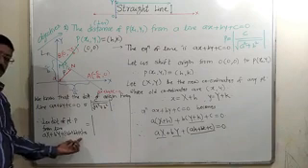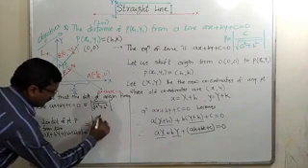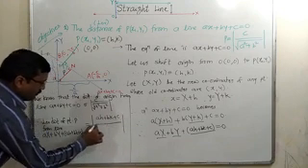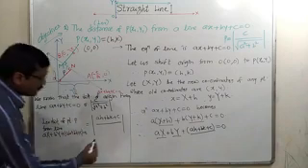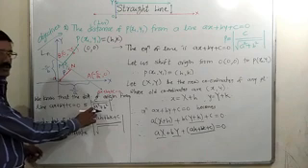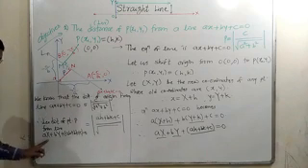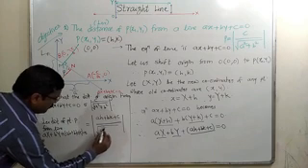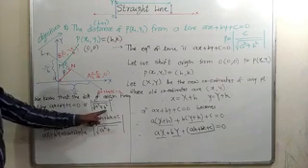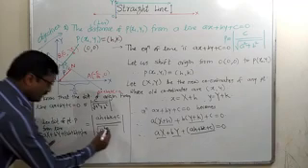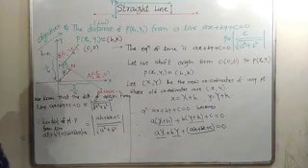The constant is ah plus bk plus c, upon, at the denominator, root a square plus b square. What is a? A is the coefficient of the X term, so we get the same a square. B square is the square of the coefficient of Y. Here the coefficient of Y is b, so we get again b square.